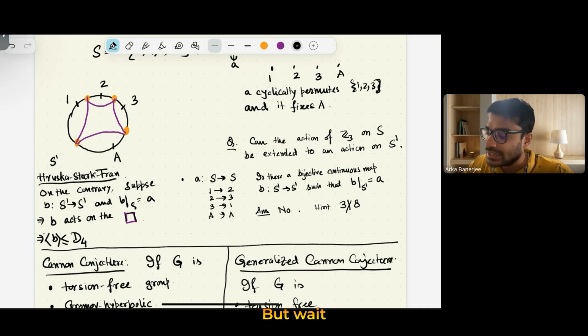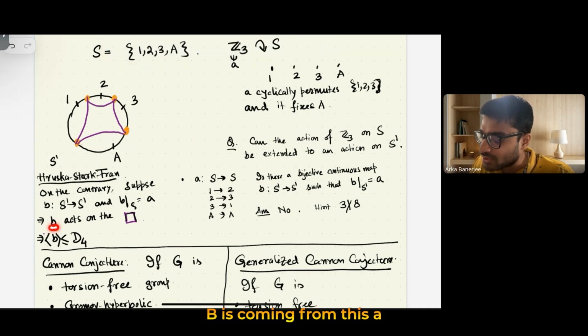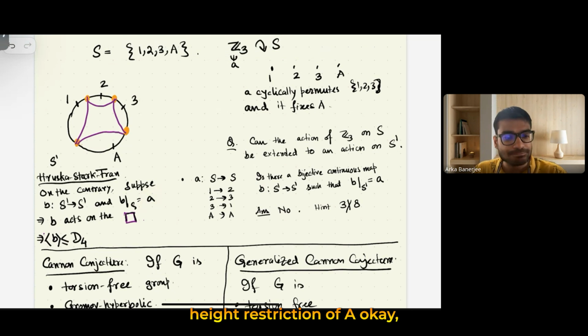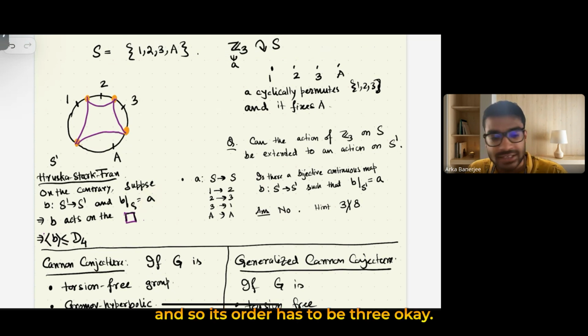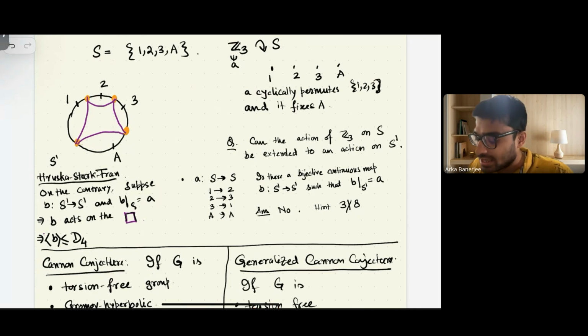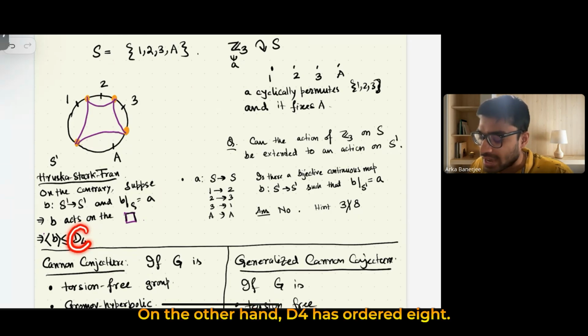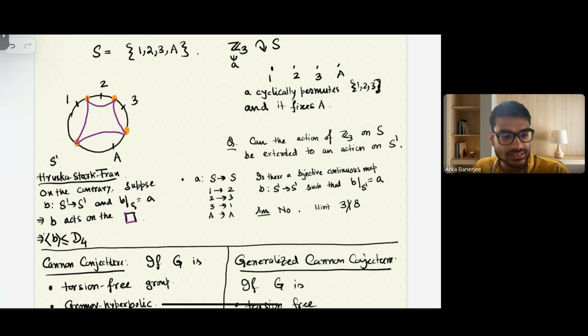But wait, B is coming from this A, right? This is a restriction of A, and so its order has to be 3. On the other hand, D4 has order 8.